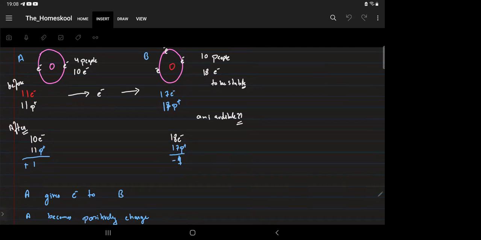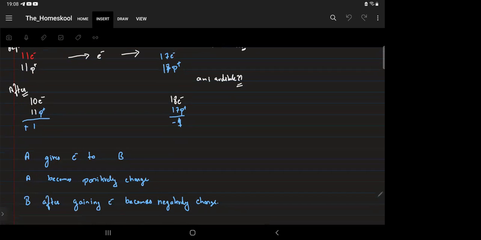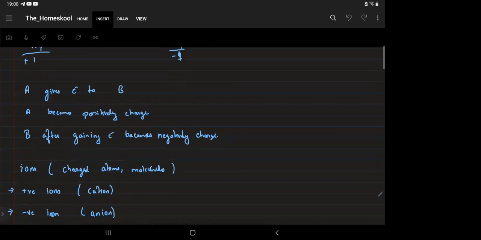So atoms without exchange of electrons are neutral, but on exchanging electrons, they become positively and negatively charged. If a neutral atom loses electrons, it becomes positively charged. And if a neutral atom accepts electrons, then it becomes negatively charged.